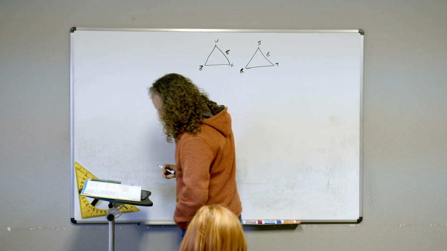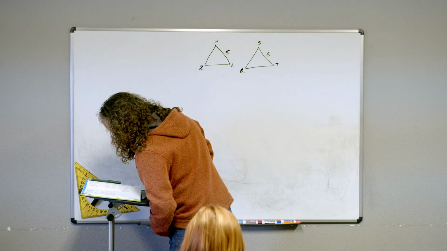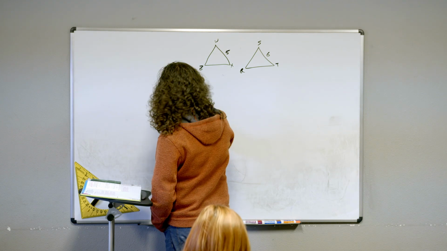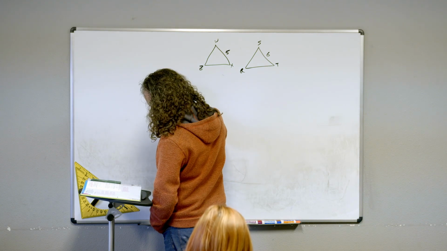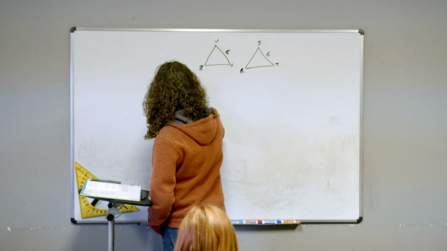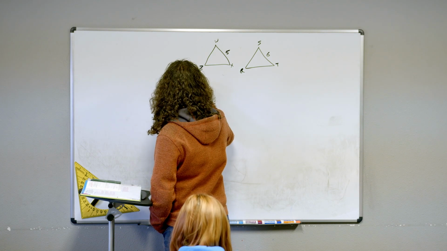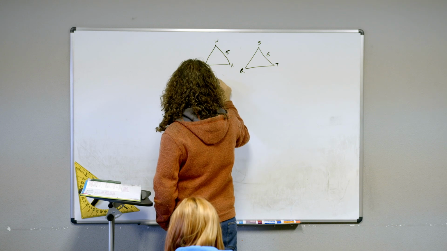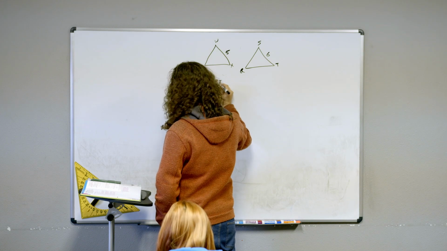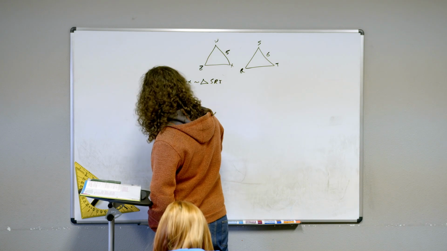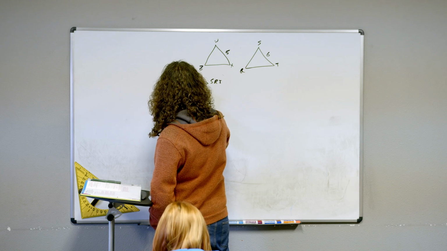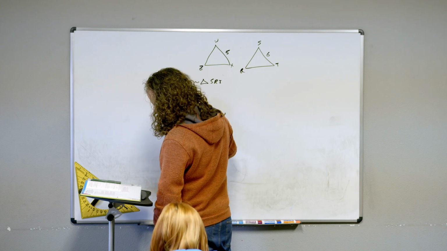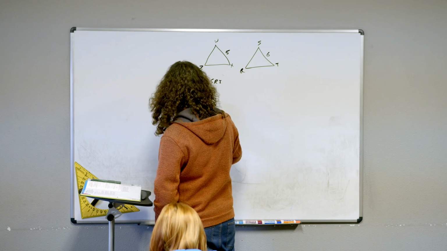All right, so number 24, we've got the triangle WZX is similar to triangle SRT. And we've got the measure of ST equals, oh, those are just the ones that are listed, so forget that.